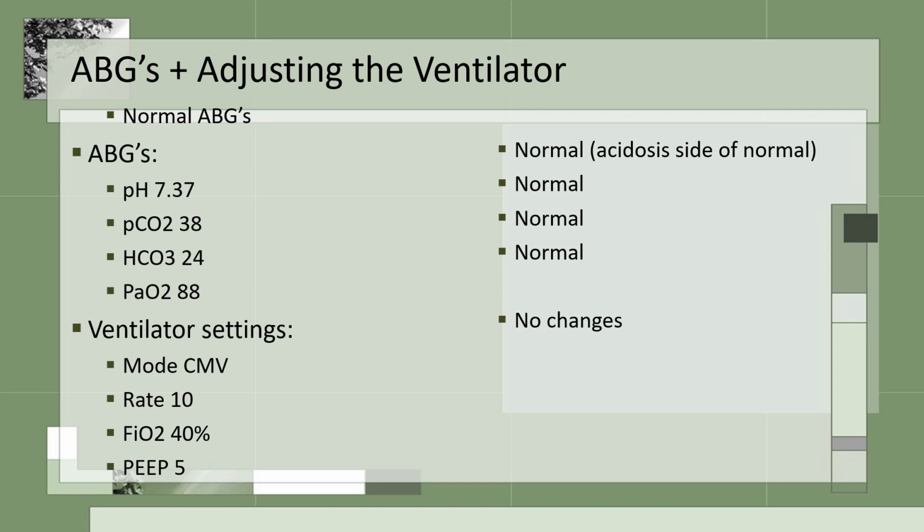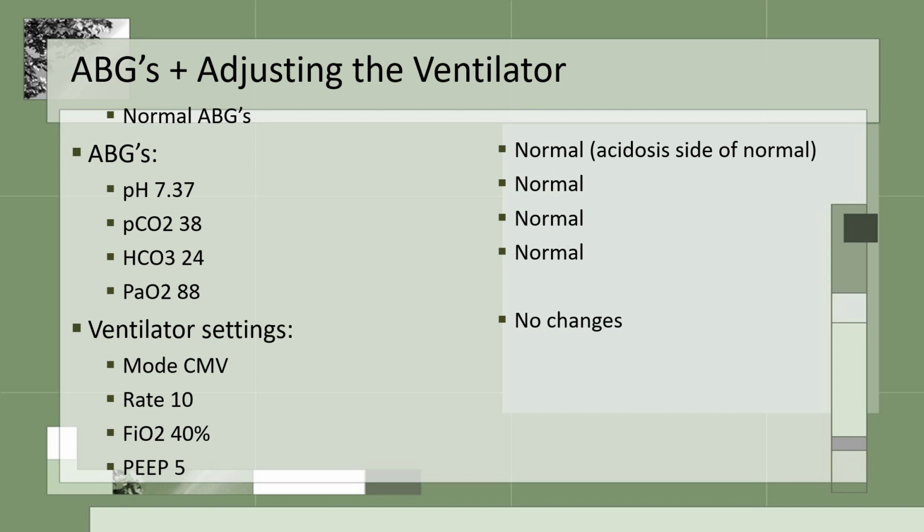So there is no fix to the ventilator settings. They are doing well. This patient has the CMV mode, which is total control, so they can have rest. Their rate is 10. Their FiO2, or supplemental oxygen, is at 40% and their PEEP is 5.